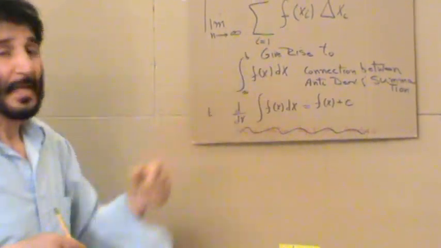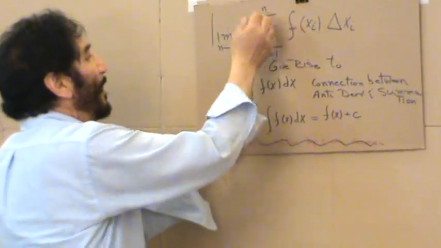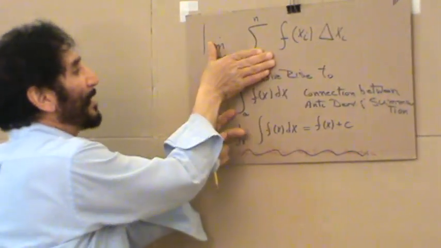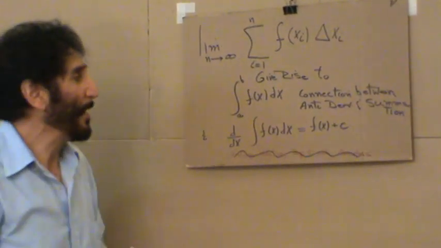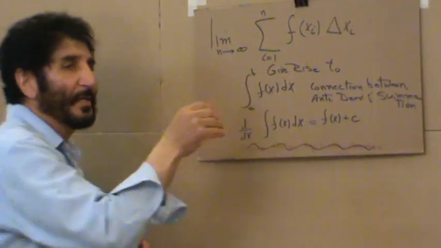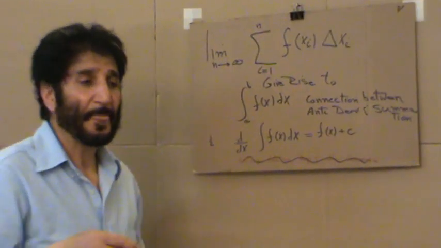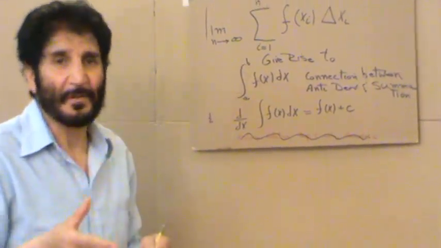Now, the art of topology can come and push this one inside and end up with the sum. And this sum, what I wrote here, is the connection between antiderivative and summation. That was Leibniz and Newton, there was a big dispute, but I give the credit to Leibniz.